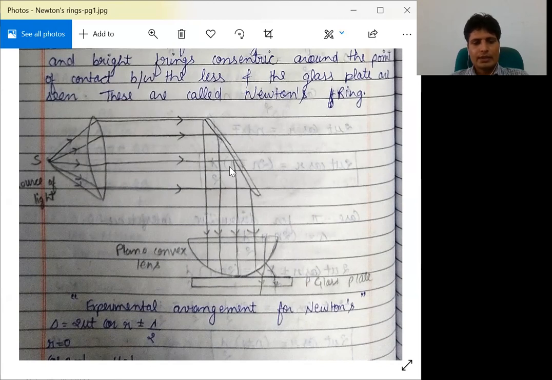So interference rings are seen with the help of a low power microscope M, which will be placed above the glass plate G. The fringes are circular because the air film is symmetrical about the point of contact with lens and glass plate. So we can obtain an expression for the condition of the maxima and minima.